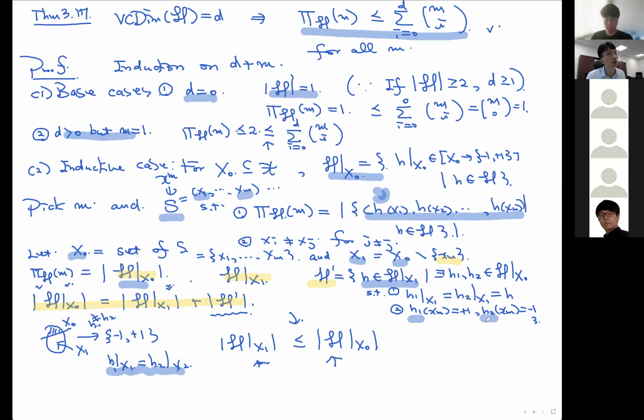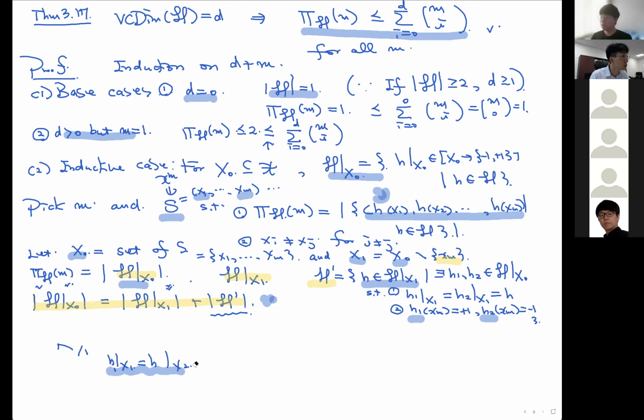They map this xm, the removed input, to two different values. Okay, so that's why this equality is true. That's one important thing in this construction.